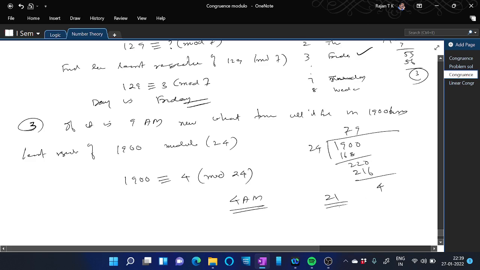Then the time is 9 p.m. 21 hours means it is actually 9 p.m.